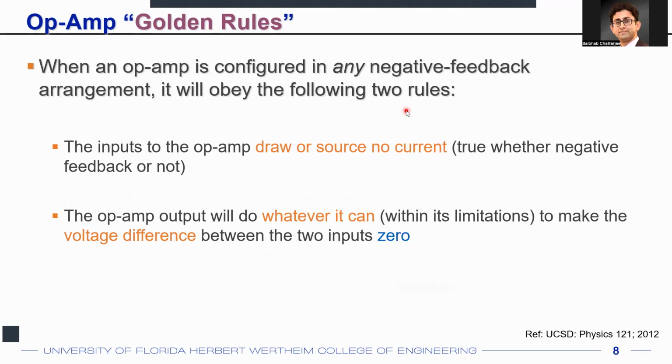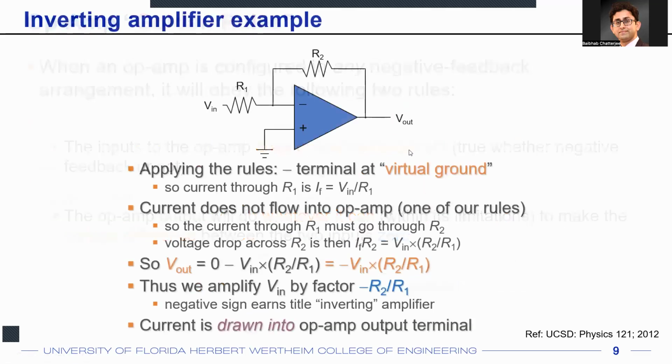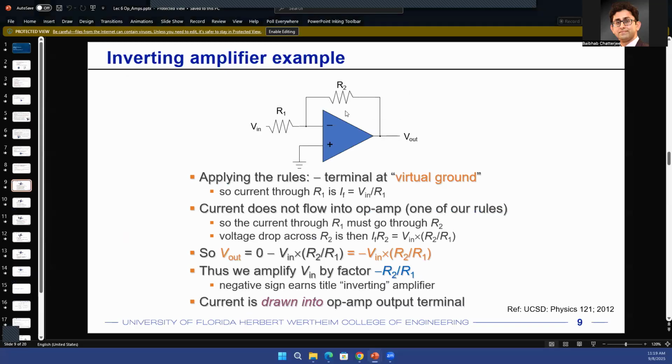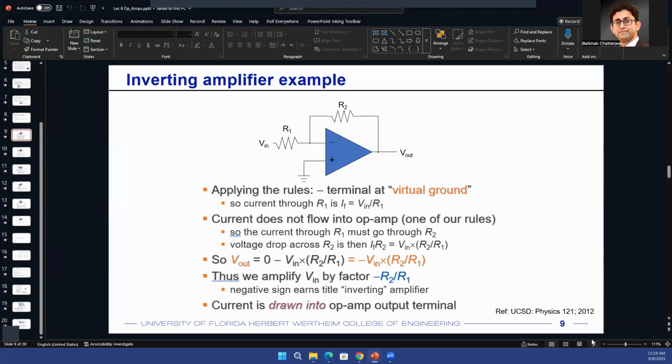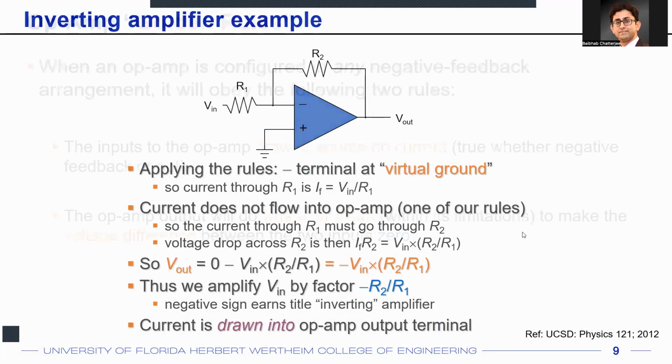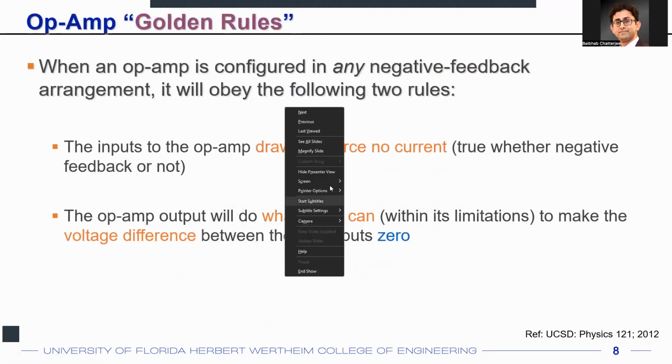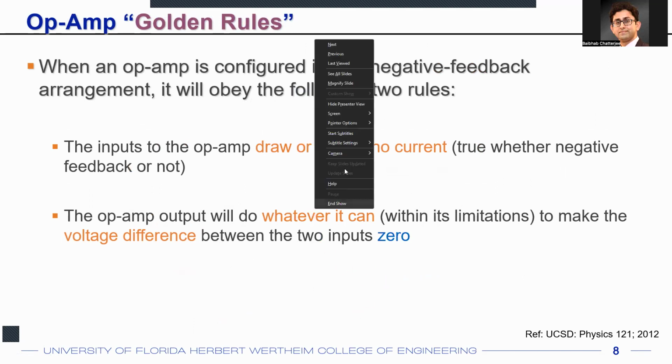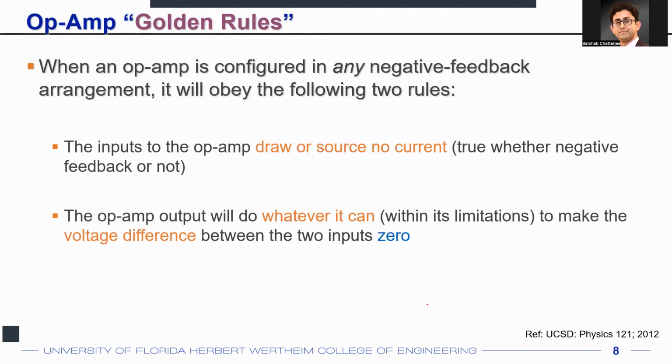So let me get my pen once again. So your op-amp, the very simple model of your op-amp, which was your homework 1, problem number 4, is basically let's say a voltage controlled voltage source.